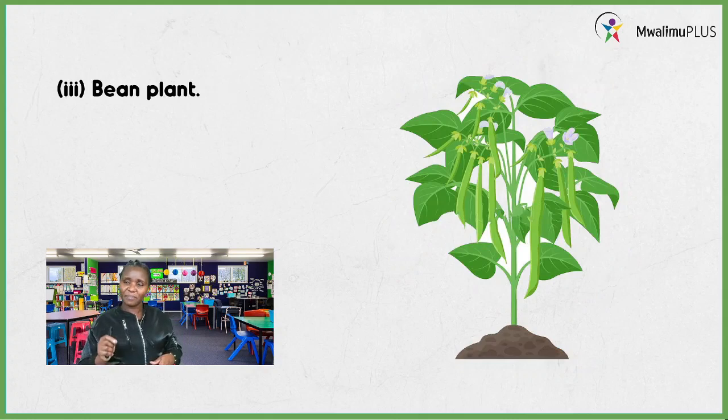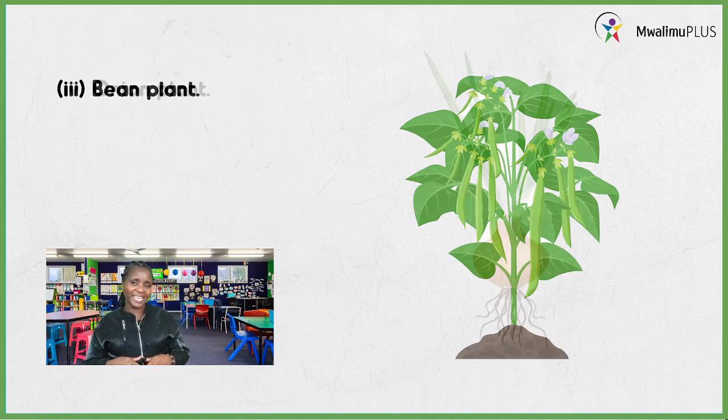We have another plant there, a bean plant. I know you have seen the seeds of a bean, or beans. And now this is the plant. Look at the way it grows. If you have never seen it, this is how a bean plant looks like.